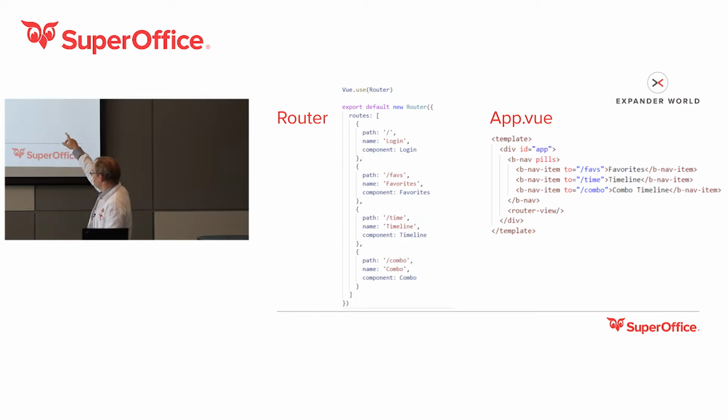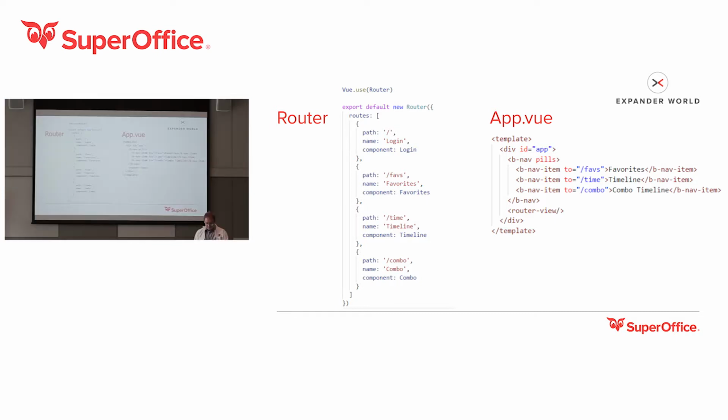So we change the app template at the top to say, okay, we put in this little nav bar with nav items shaped like pills. So you get a little blue square around our links. And then there's basically a link, it says nav item to favs, favorites, /time, /combo. Now these look like URLs, but they're not actually. We're not physically going anywhere. So if we go to here, oops, not this one, this one.